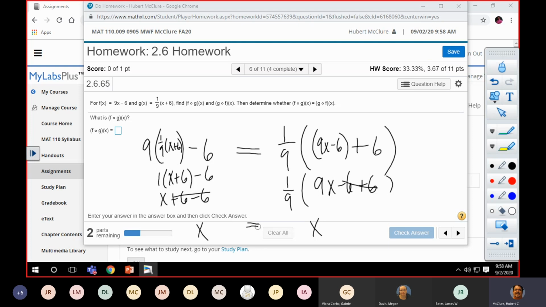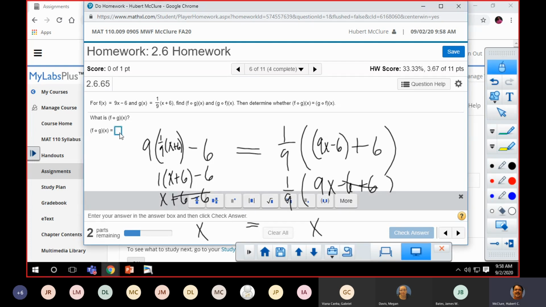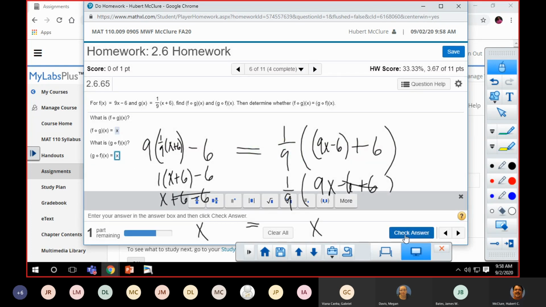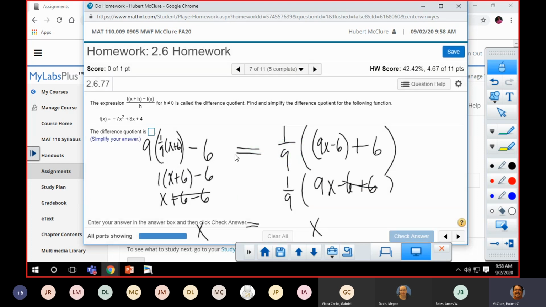Put an x here and an x here. And that's it. Okay, so yes, it is. They're equal. And you feel good about yourself.